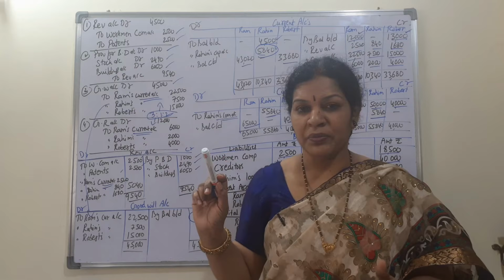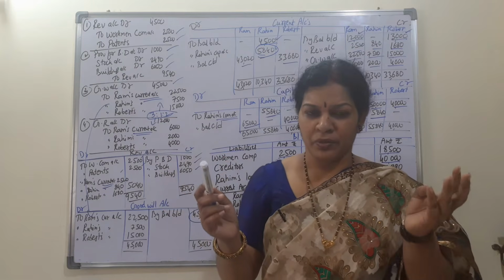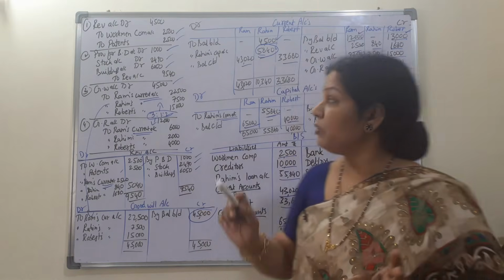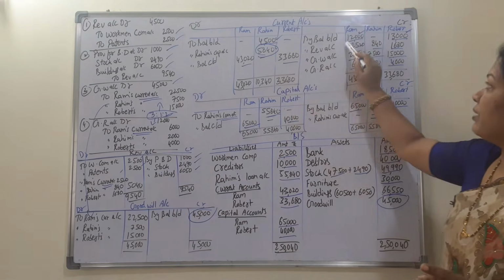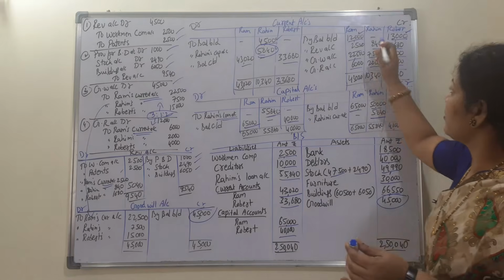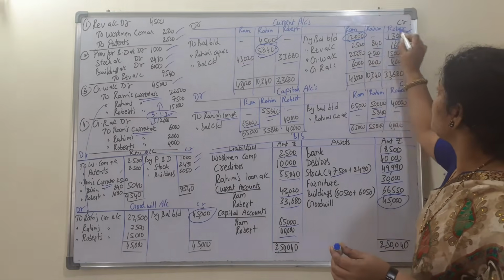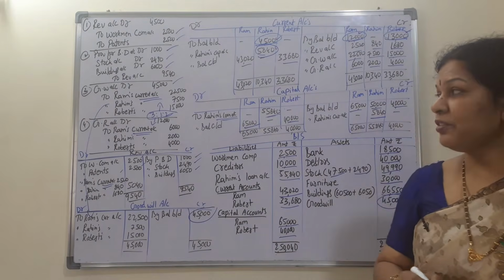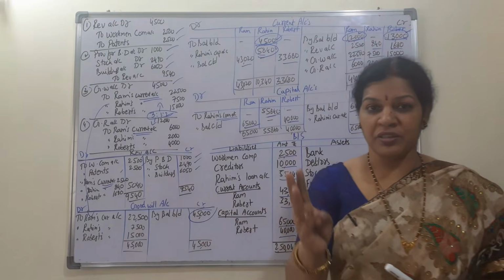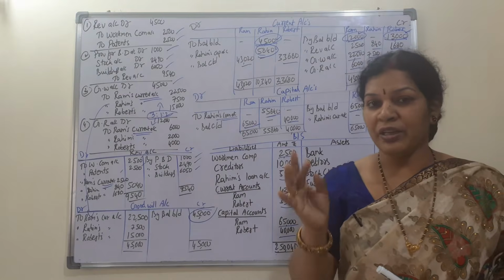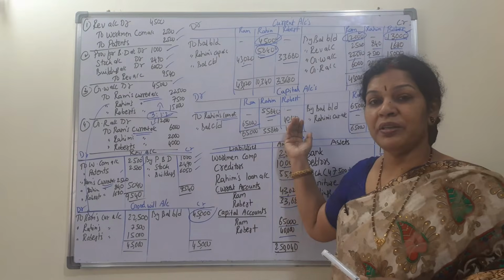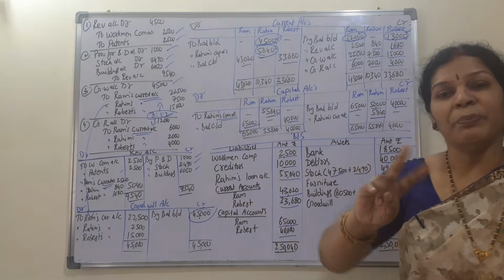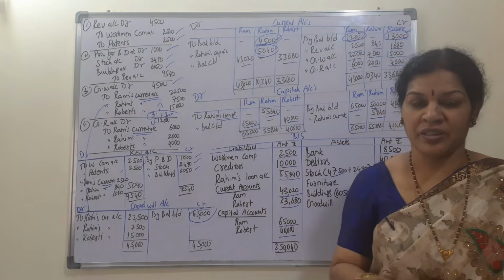Then after that, what have we done? Simple. Open the current account and capital account. When we open the current account, apart from the opening balances, whatever we have, like general reserve, goodwill, revaluation, profit or loss, that we have written, and the balance is carried on for the partners who are continuing.